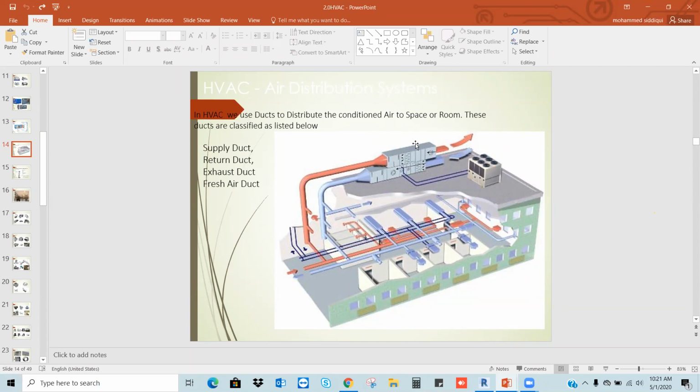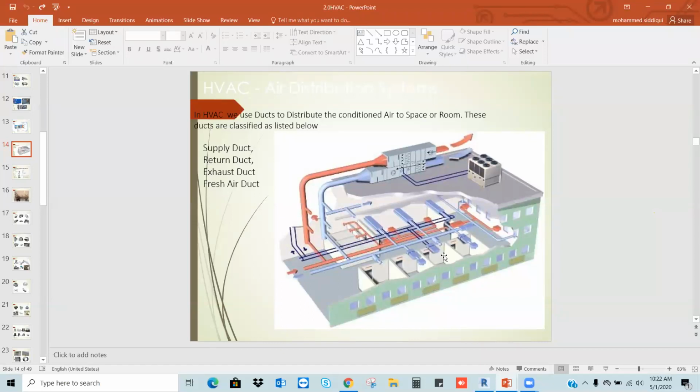If you think a little bit in a different way, in the air conditioning system we have different kinds of systems. According to the purpose, we have four kinds of systems. One system is supply. I am supplying cool air to the room, and this cool air I should release to the atmosphere.